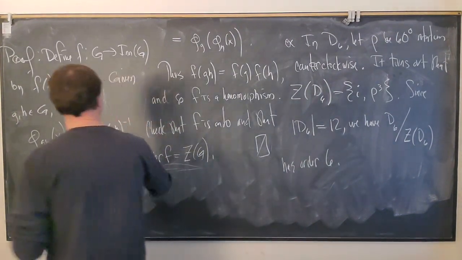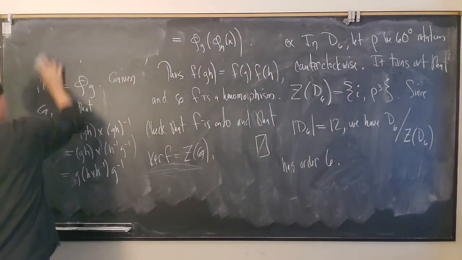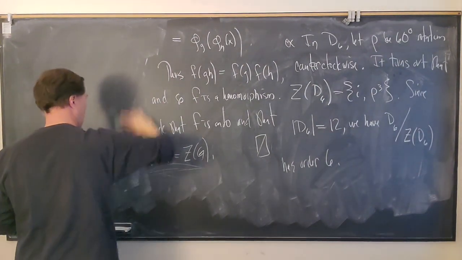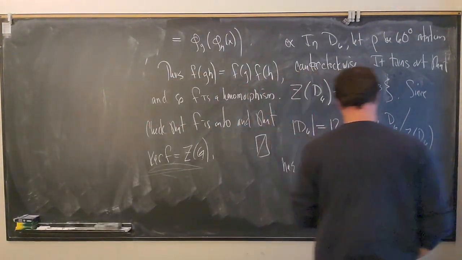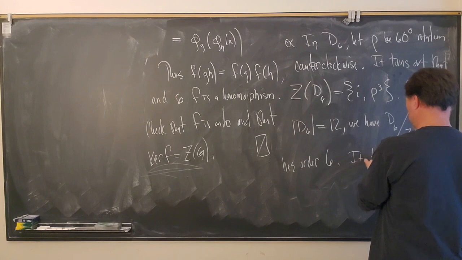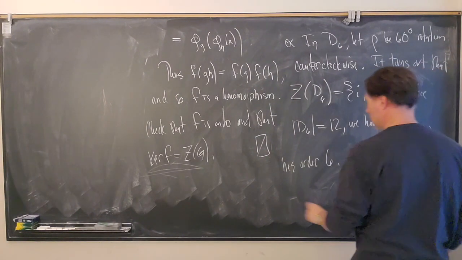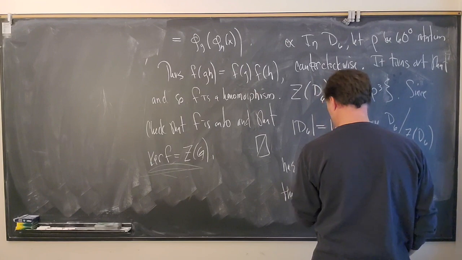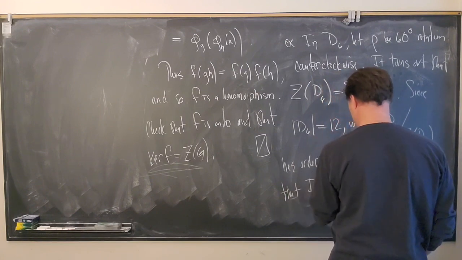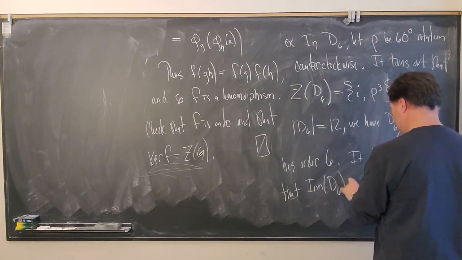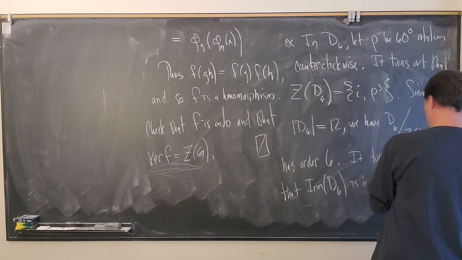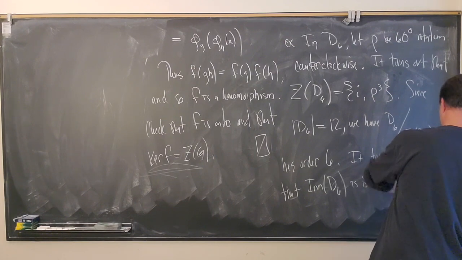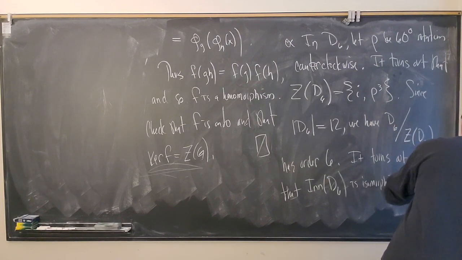Okay, now there are exactly 2 groups of order 6. Every group of order 6, it turns out, is isomorphic to one of 2 possibilities. So we can say that the group of inner automorphisms of D6 is isomorphic to Z6, that's one of them, or S3.